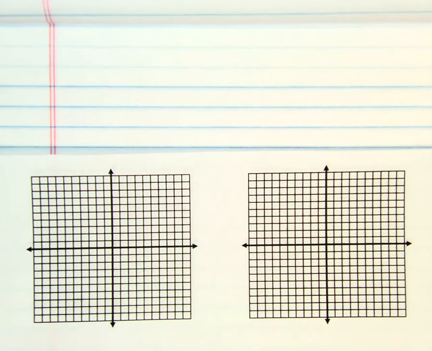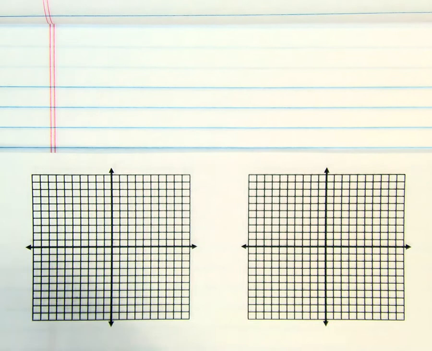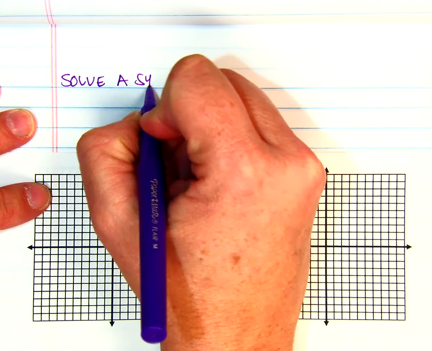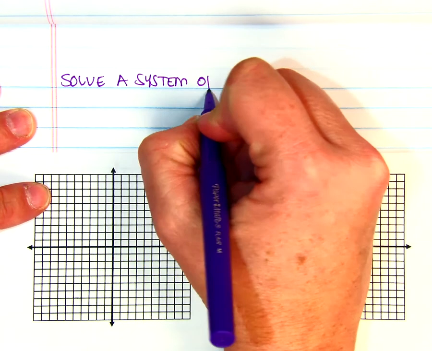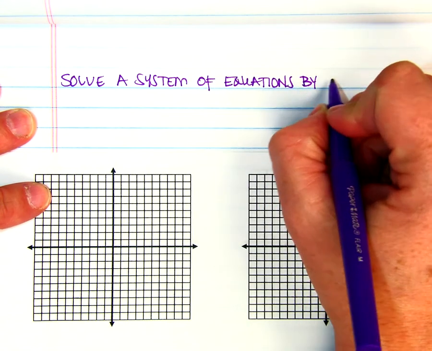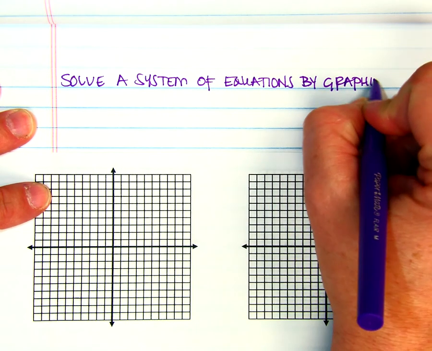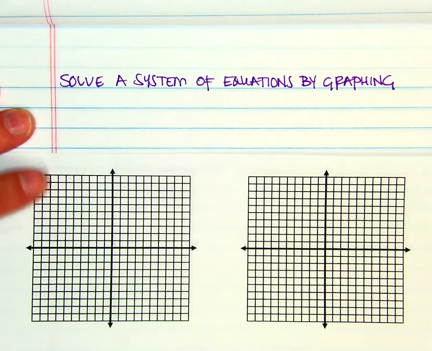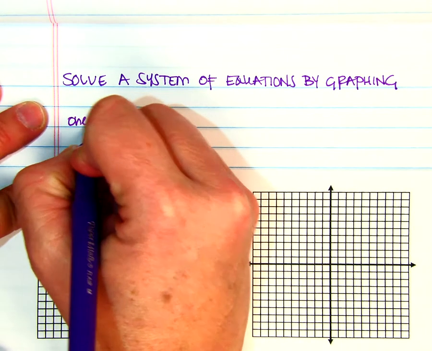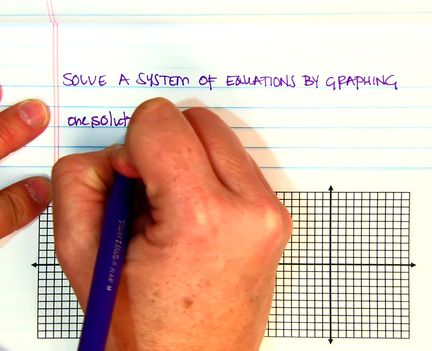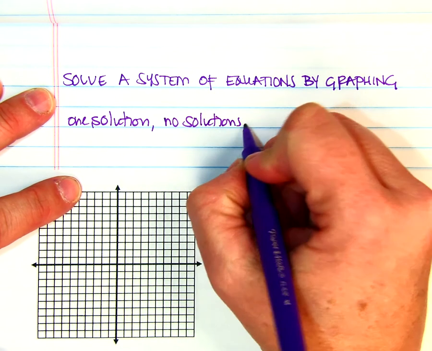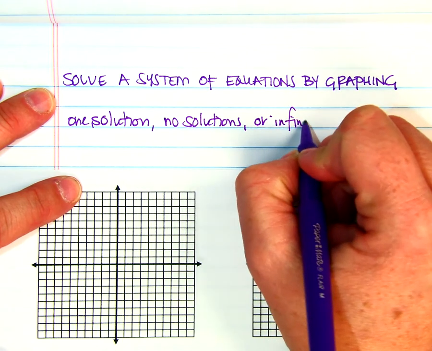Okay, so we are going to solve a system of equations by graphing. If you remember with what we have done so far, we have determined if it's one solution, no solutions, or infinitely many solutions.